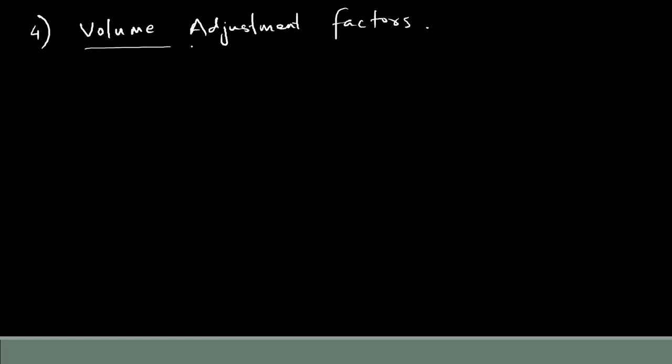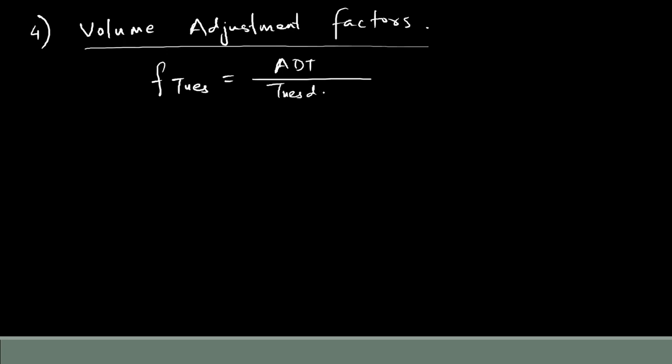Fourth, which is volume adjustment factors. So what are those volume adjustment factors? Let's say you are computing the volume adjustment factor for Tuesday. First you need to do AADT divided by Tuesday AADT.